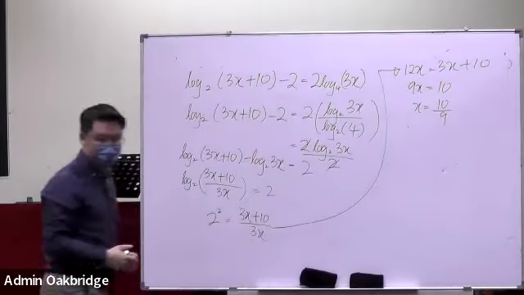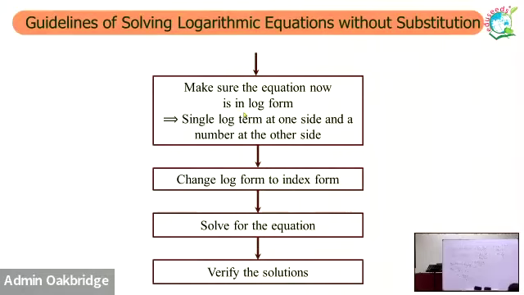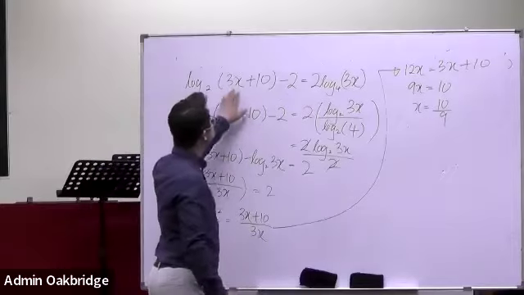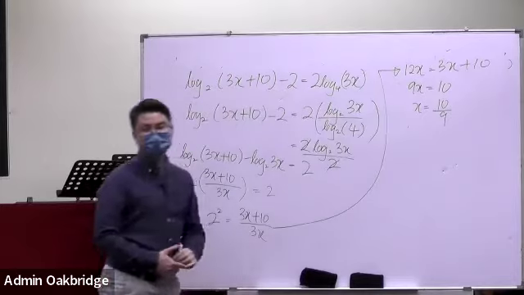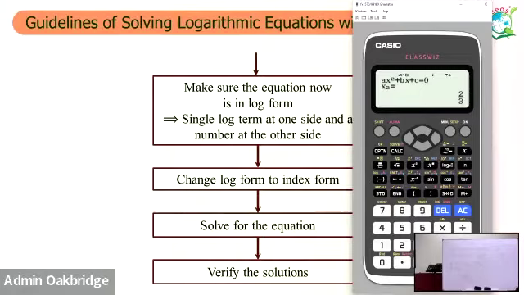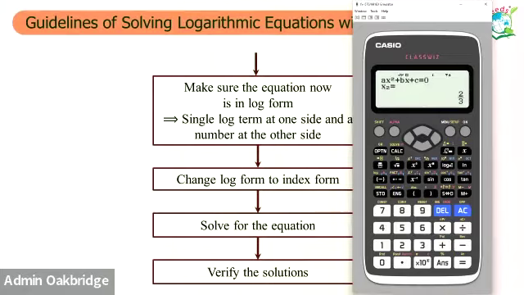Okay, so after you solve the equation, you have to do what? Verify the solutions. You try to put this 10 over 9 into this equation, to see whether the equation is valid or not. Okay, we try to do that. Here is my calculator.